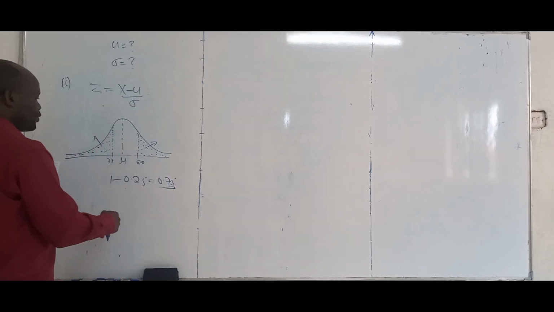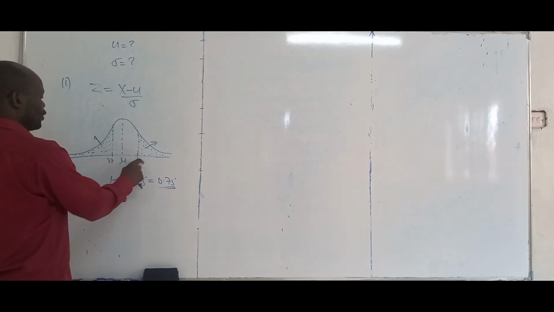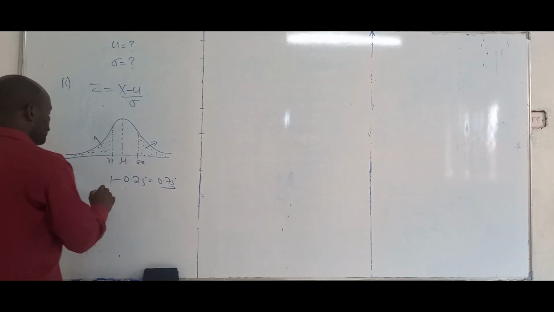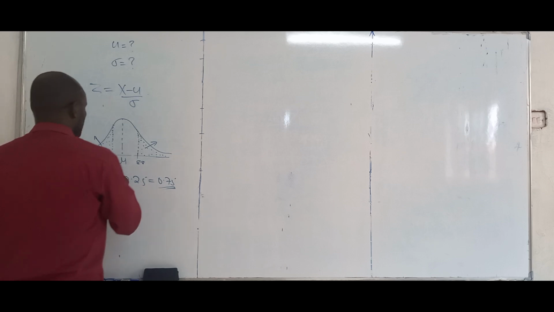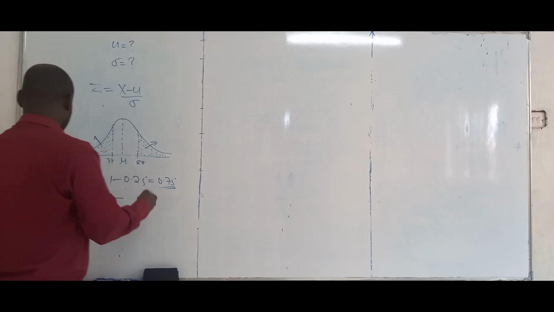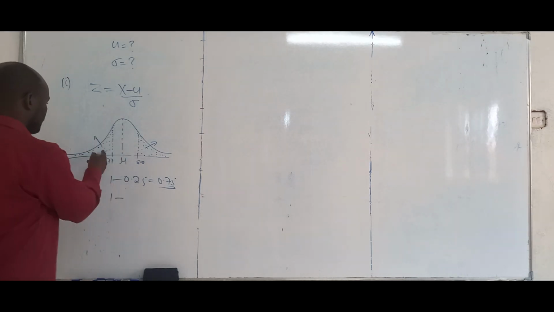For the second case, we have two scenarios: 25% are longer than 8.8, and 17.5% have fingers shorter than 7.7.